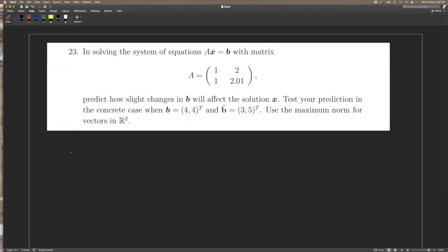If you recall, we have done an estimate on the relative error in X in terms of the relative error in B. We basically have to use this inequality, and also we have to check our result with a particular vector B given by 4, 4, and its approximation is given by 3, 5.